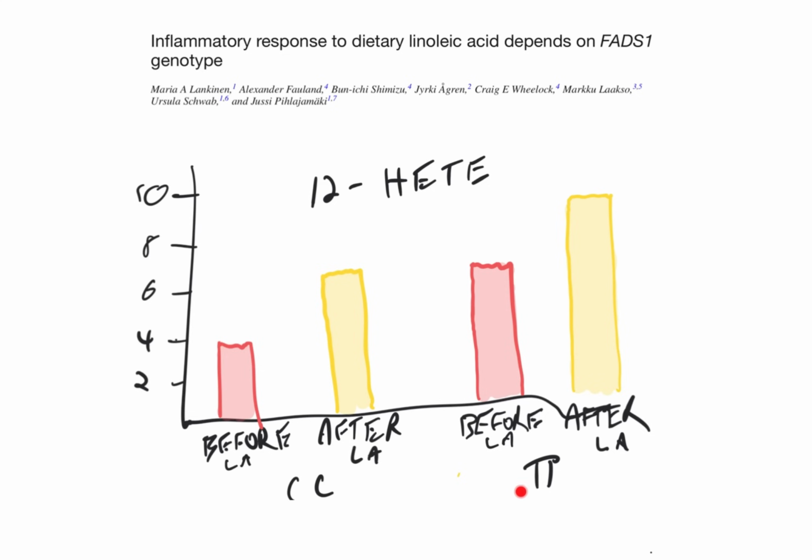If you have TT genetics, even before the dietary trial, you'll have about twice as much 12 HETE as someone with lower D6D activity. And then in both cases, the yellow bars are they gave both groups more linoleic acid, and they converted more linoleic acid to 12 HETE. But in all cases, if you had the wrong genetics, you wind up with more 12 HETE being produced.